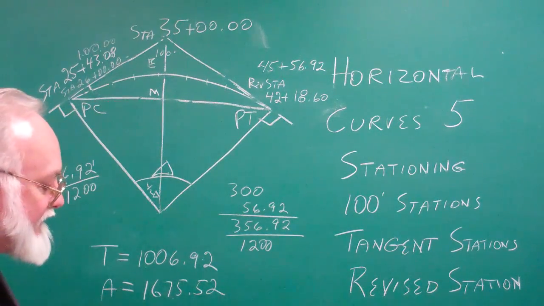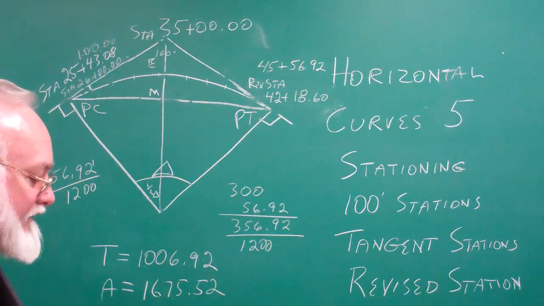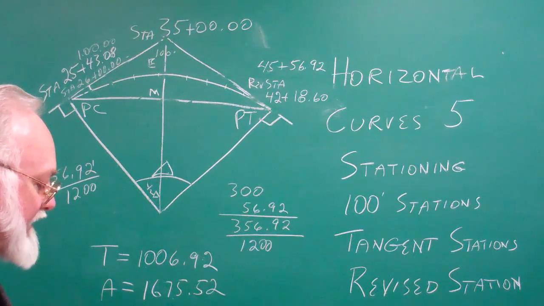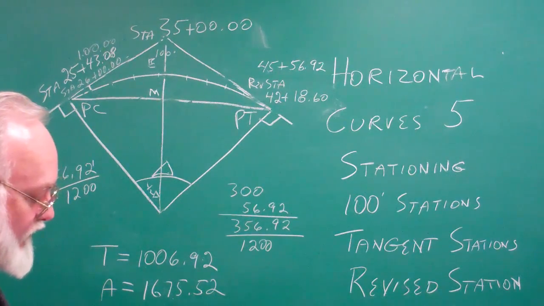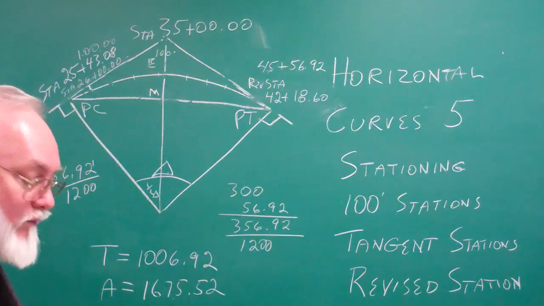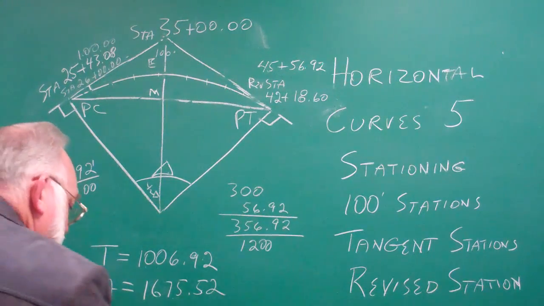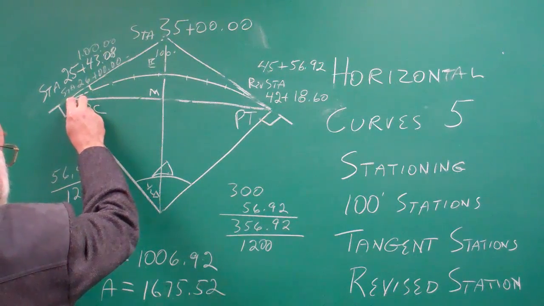That's the arc distance. In which case you come up with a chord distance of 355.60. And that's the magic distance here.